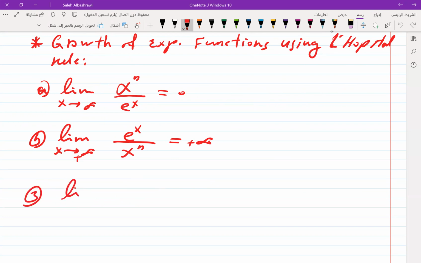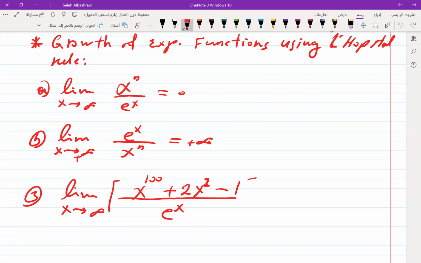Let's find the limit of x to power 100 times x squared minus 1 divided by e to power x as x goes to infinity. If I want to apply the L'Hopital rule for this one and find the derivative of the numerator, I have to differentiate 100 times because I have x to power 100.